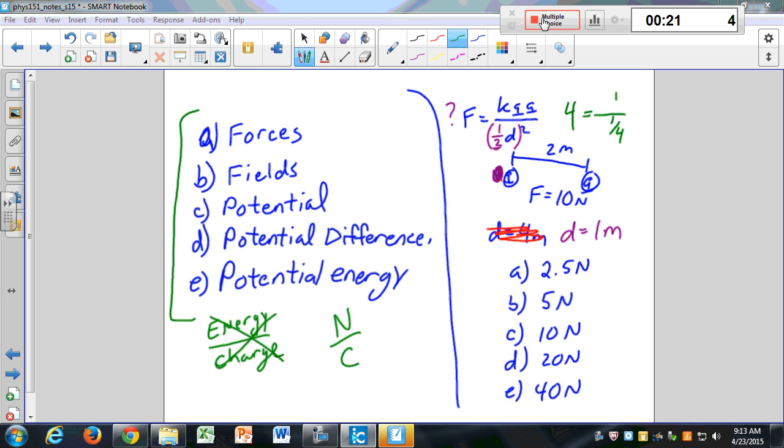A newton, which is a force, and a coulomb, which is a charge, so a force per unit charge? I'm going to stop at 48.